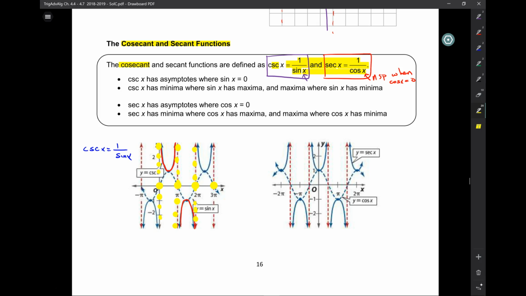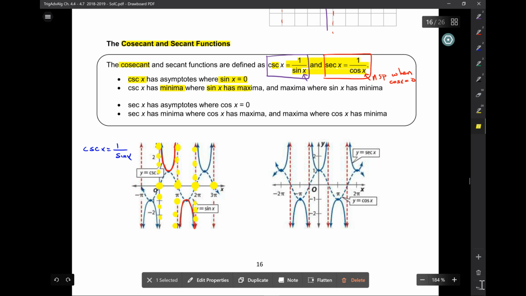So where the sine goes up, cosecant would have a minimum, a low point. Where the sine goes down, cosecant will have a high point, a maximum. Okay? So that's what it's saying here. Cosecant has asymptotes when sine of x is 0. It has minima when sine has maxima, and vice versa.